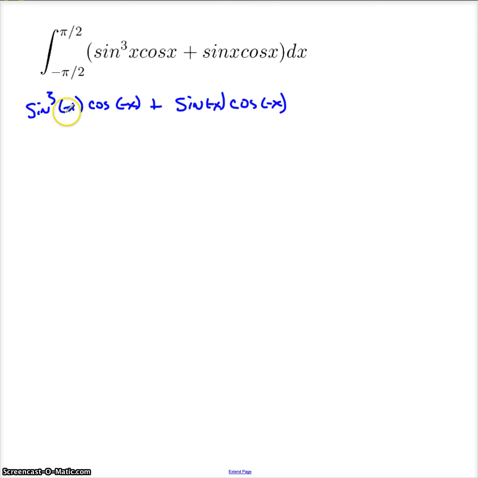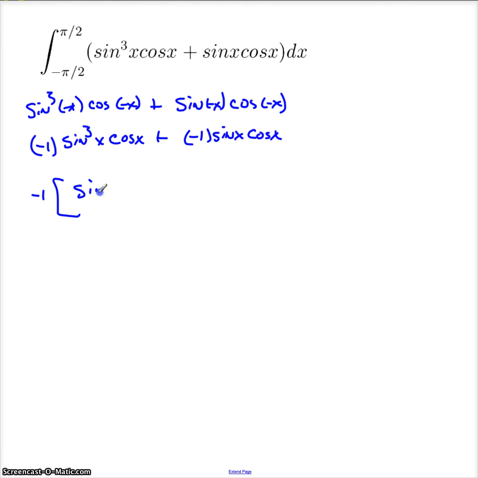Let's see, sine of negative x is negative, so this is going to be minus 1 times sine cubed of x, cosine of negative x is cosine, plus negative 1 sine x cosine x. Let me pull a negative 1 out here.